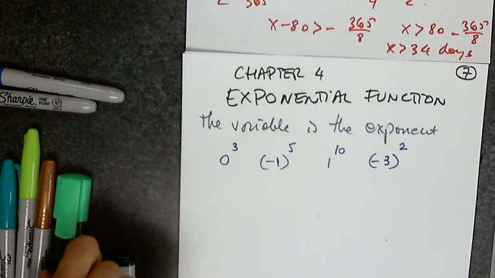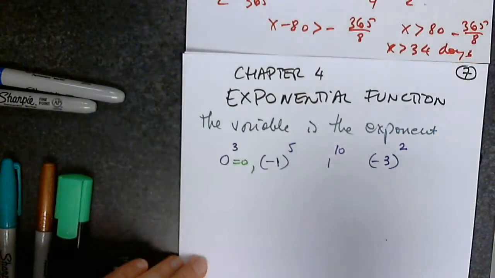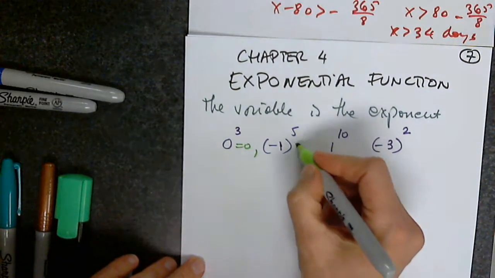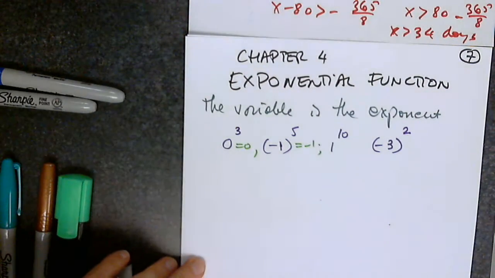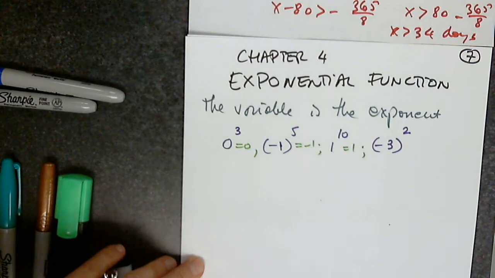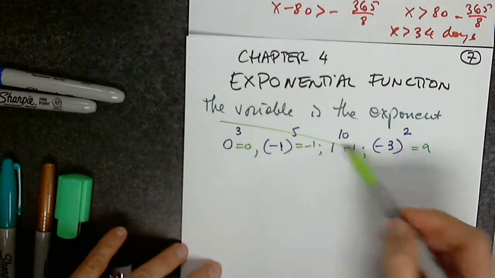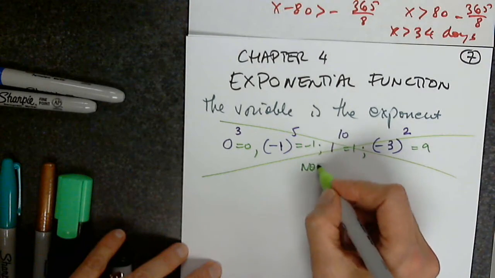So 0 to the third is perfect. -1 to the fifth. 1 to the 10th power. And -3 squared. Good.